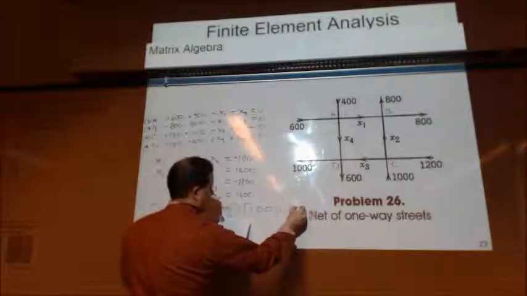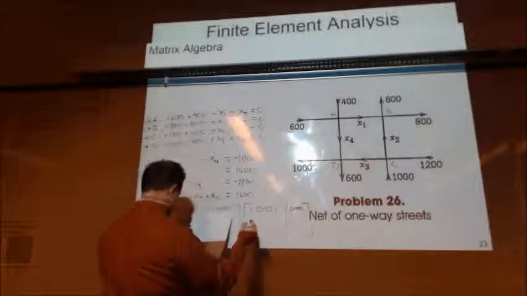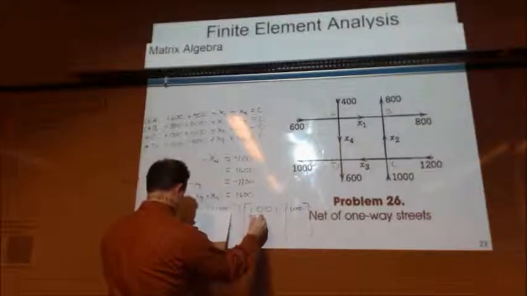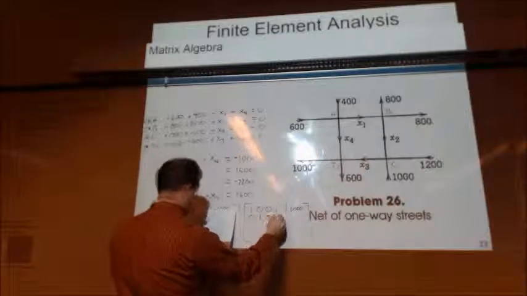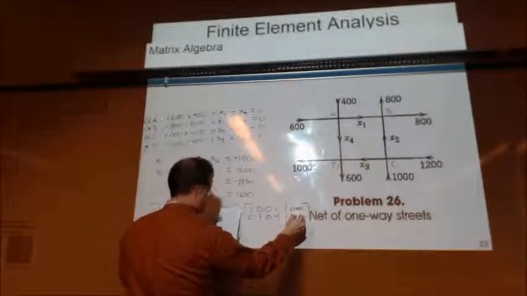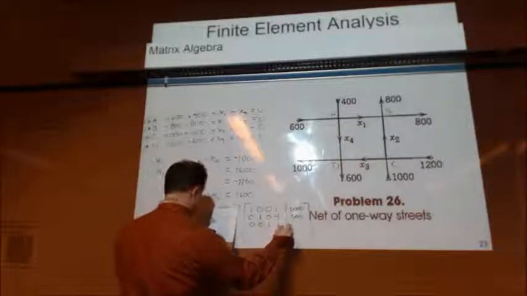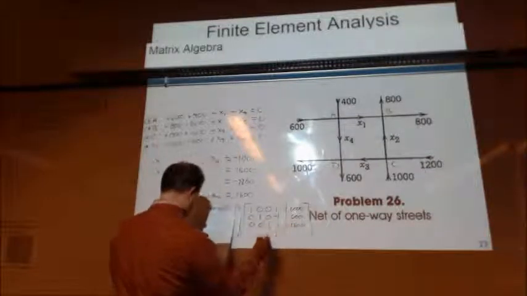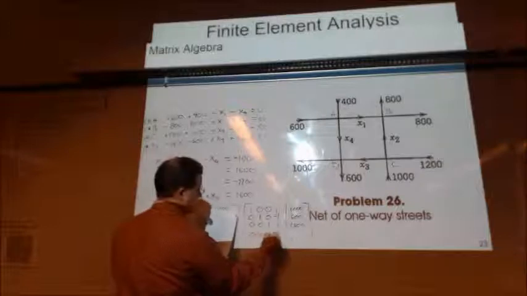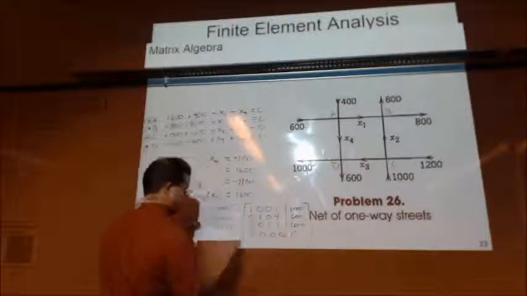This is 1,000. Have 0, 1, 0, minus 1, 600. 0, 0, 1, 1, 1,600. 0, 0, 0, 0, 0.